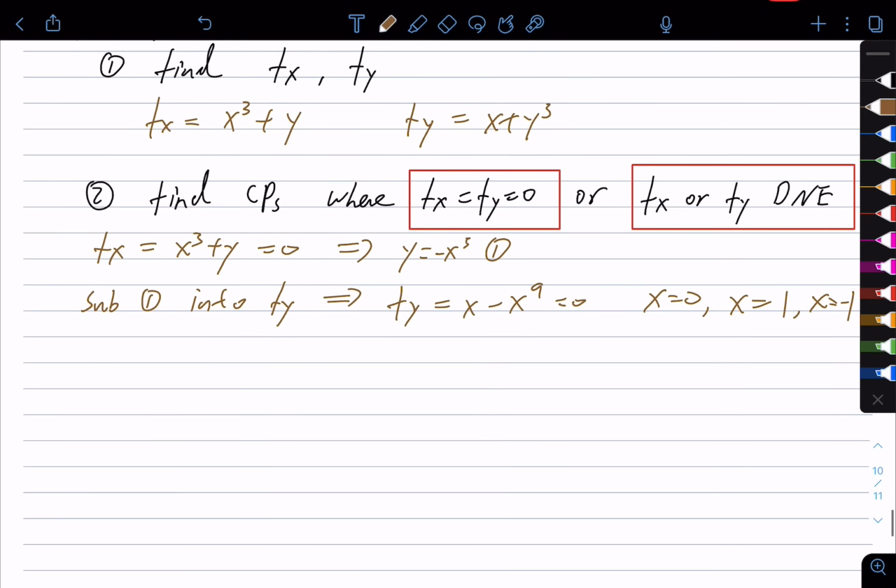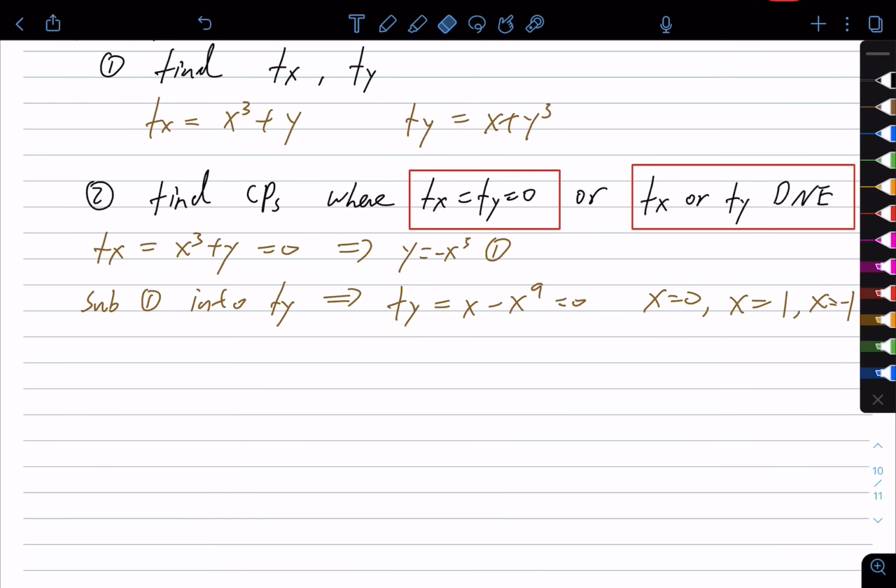If we substitute 1 in here, 1 minus 1 equals 0. Negative 1 minus negative 1 is 0. And 0 minus 0 is still 0.